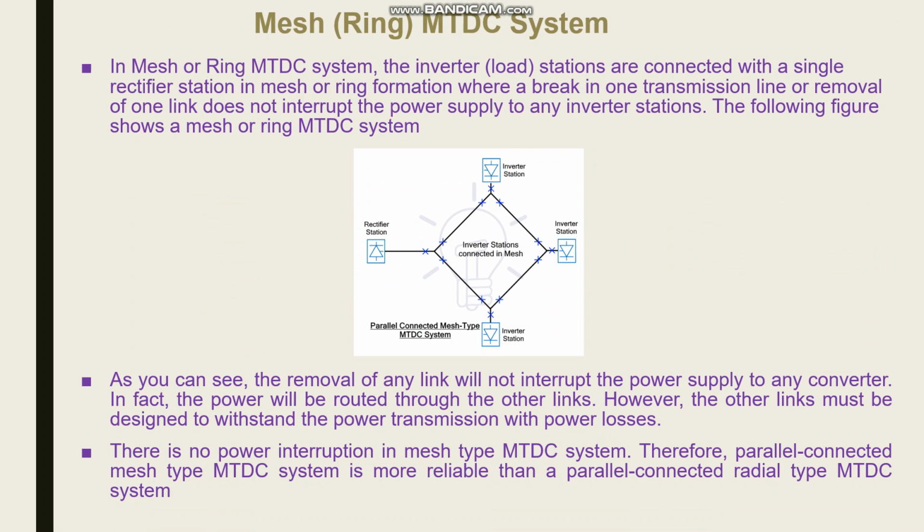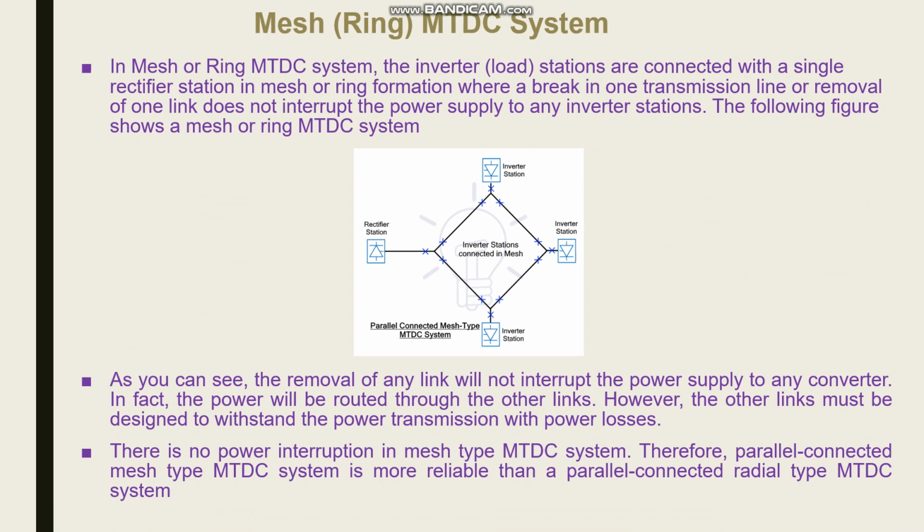Mesh or ring MTDC system. In a mesh or ring MTDC system, the inverter load stations are connected with a single rectifier station in a mesh or ring formation, where a break in one transmission line or removal of one link does not interrupt the power supply to the inverting station.